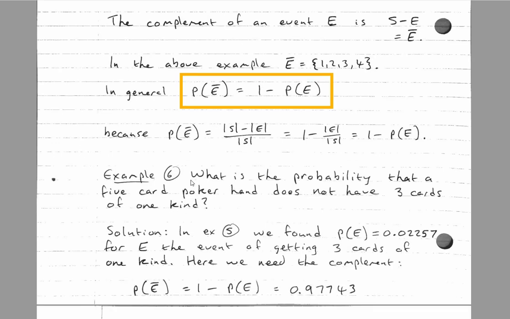Example 6, what is the probability that a 5-card poker hand does not have 3 cards of one kind? Well, in the last example, we found that the probability of getting 3 cards of one kind is this number, 0.02257.